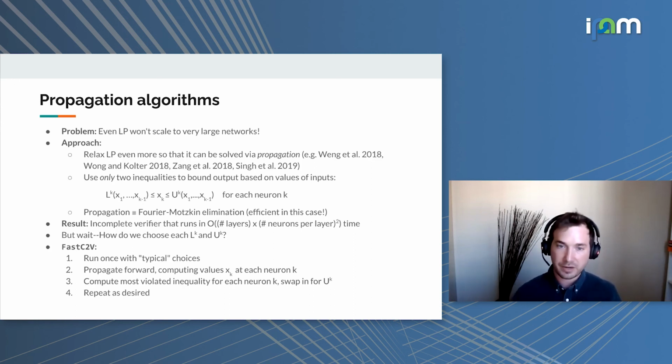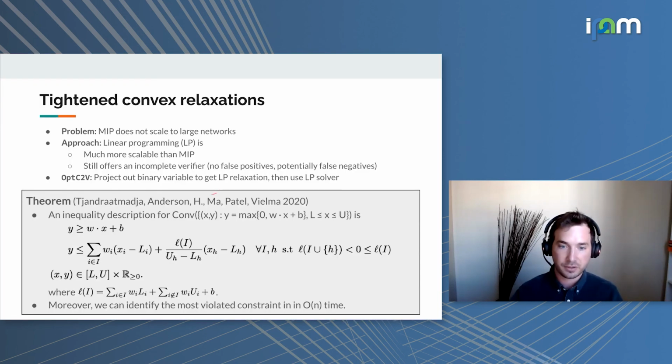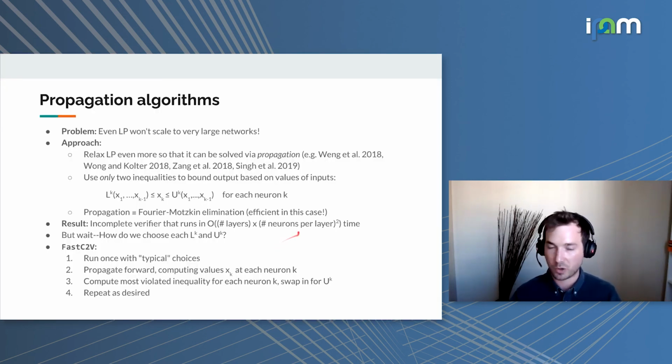And the wrinkle here, the thing that's new, is essentially to use our new inequalities inside this propagation approach. In particular, we have an algorithm we call fast C2V, where we first start with a standard choice of these upper and lower bounding inequalities.